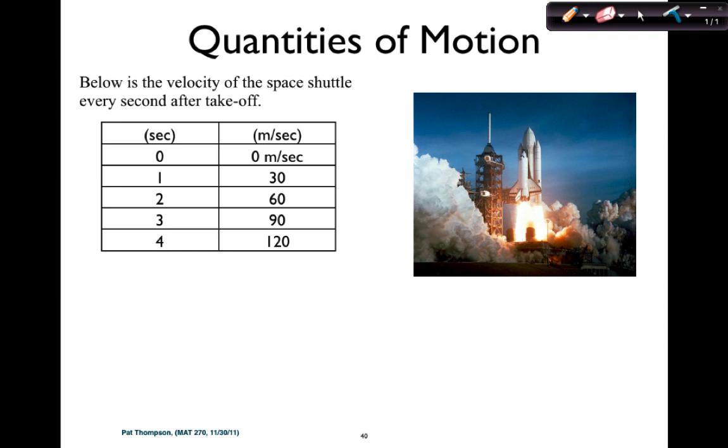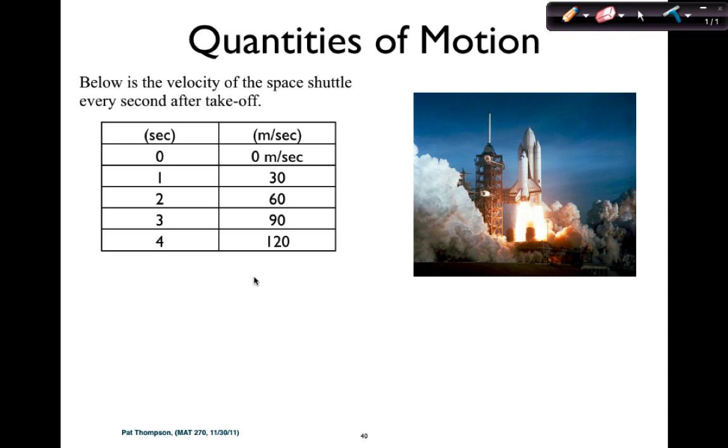Okay, so what's a broader meaning for this idea that every second that goes by, the speed goes up 30 meters per second? Yeah. Any change in time corresponds to 30 times that change in speed.